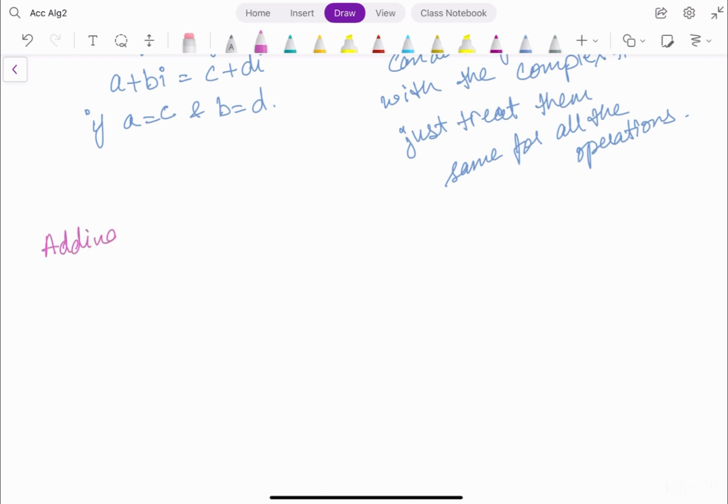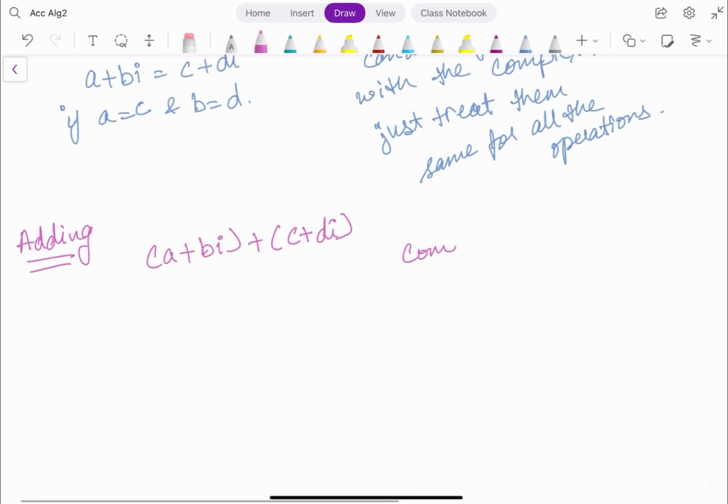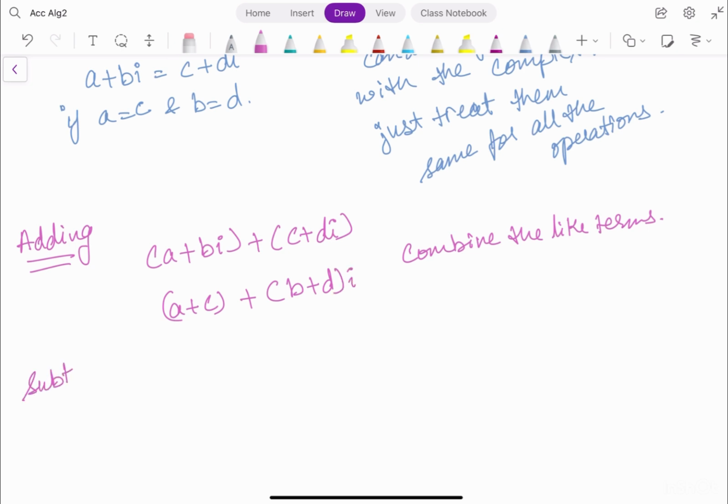Let's start with adding. If I have to add two complex numbers, the process is simple. I will add the real numbers together and we will add the imaginary numbers together. So basically combining the like terms, the same thing that we used to do for polynomials. So a plus c and then b plus d, and because i is the common factor, I will take the i out. Same thing with the subtraction.